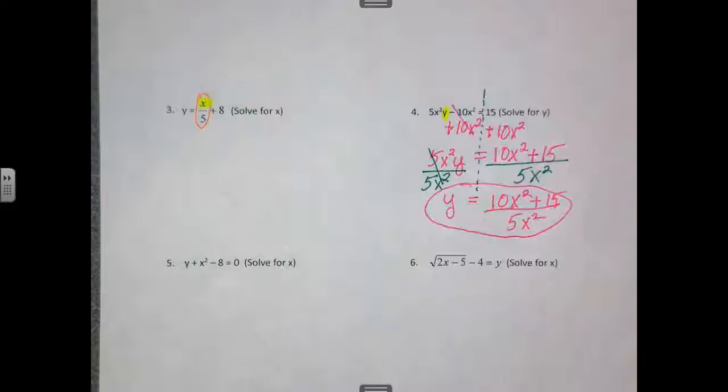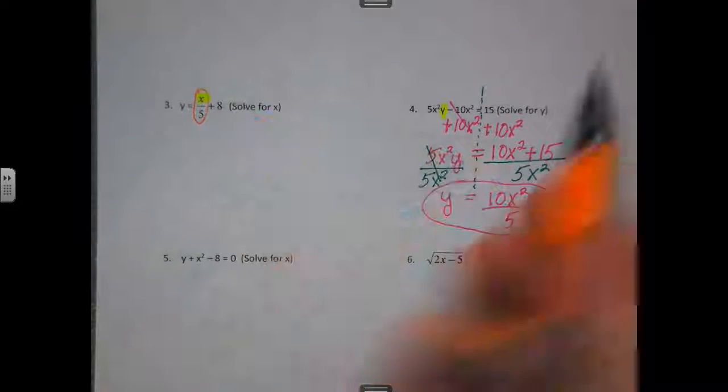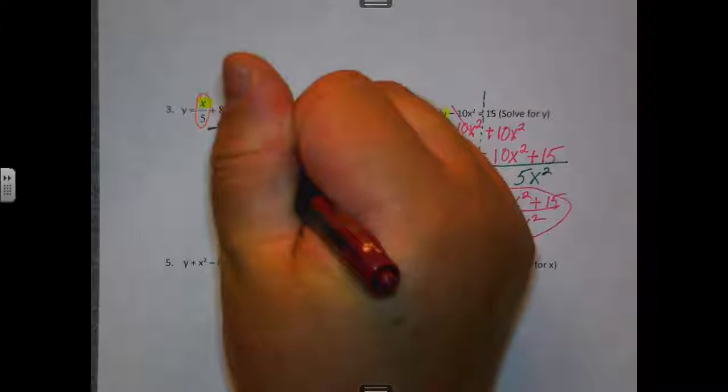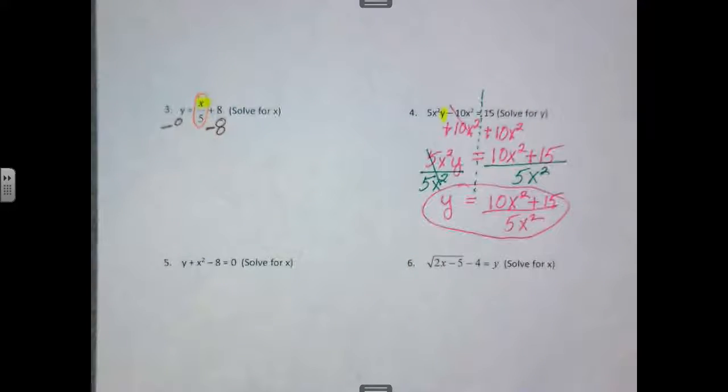The easiest way is to get that fractional term on one side of the equation by itself, besides the x's in that term. So I'm adding 8 to it. The first thing I'm going to do is I'm just going to subtract the 8. Now you could have multiplied the whole thing by 5 too, it's fine, but it gets a little complicated.